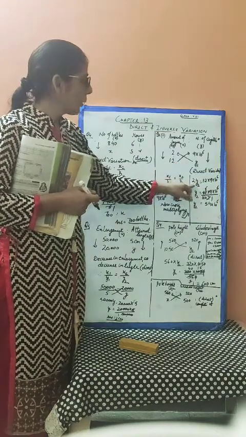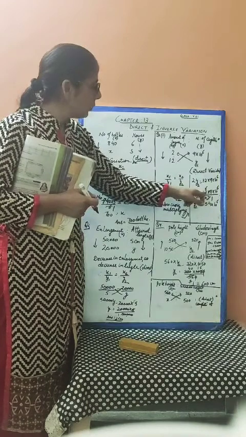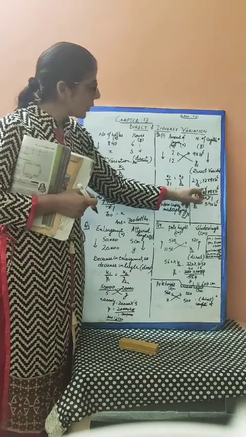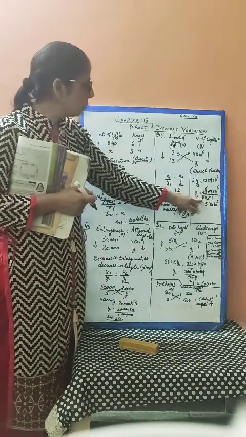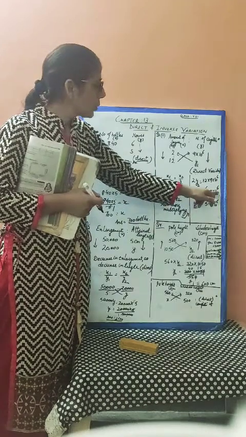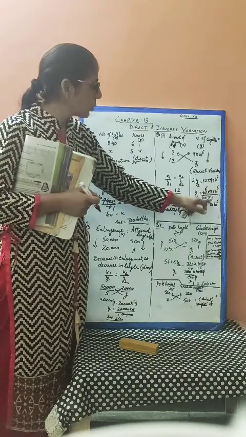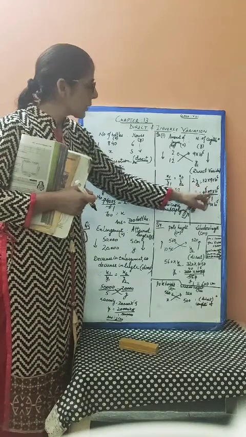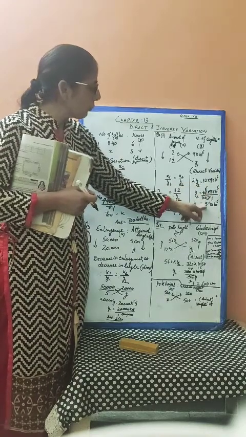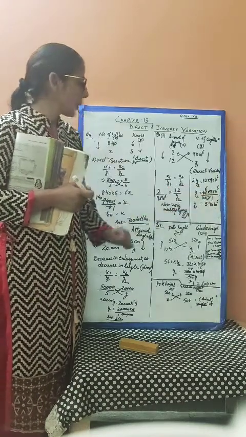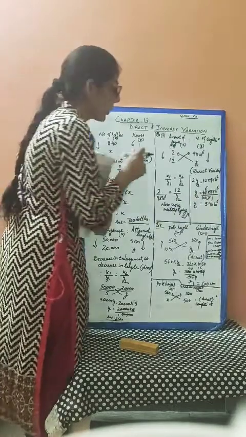Now y2 will be equal to, this 2 will come down. 1.2 was there, so the point is removed and 10 comes down: 12 into 9 into 10 to the power 6 upon 10 into 2. 2 sixes are 12, 9 sixes are 54, upon 10 is 5.4 into 10 to the power 6. So this many crystals.